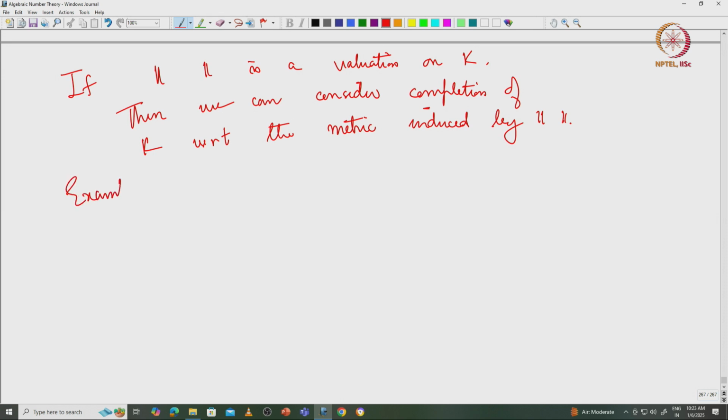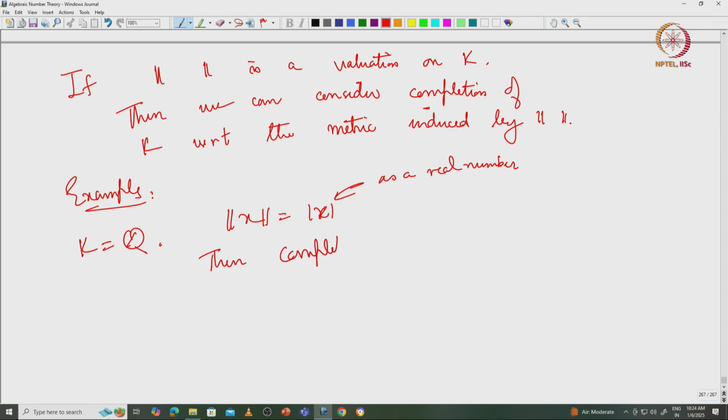So let me do an example. If you take K equal to Q, and this is the usual absolute value as a real number, then completion of Q with respect to metric induced by this valuation is R. This is what we learn in analysis course.